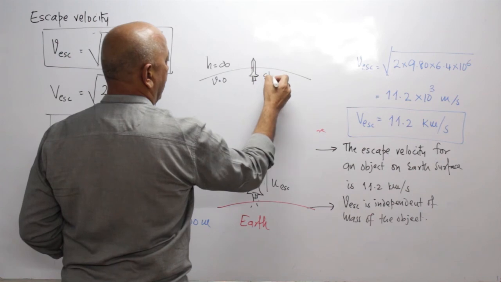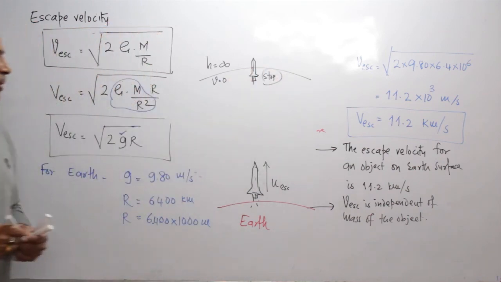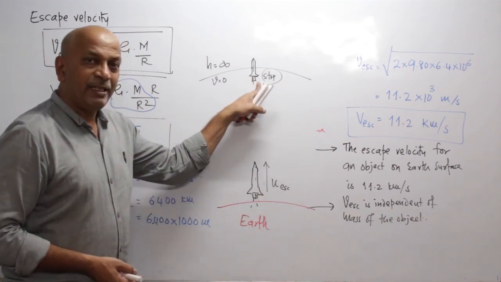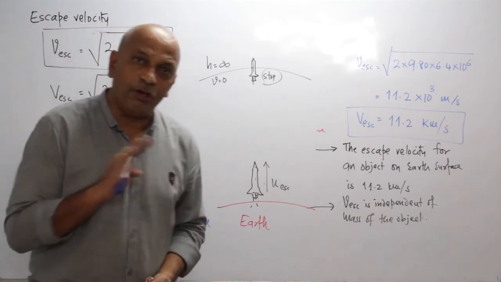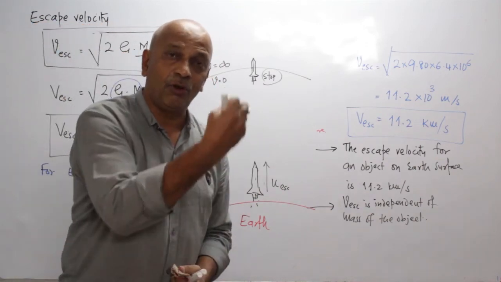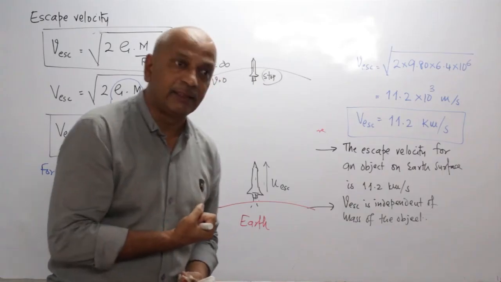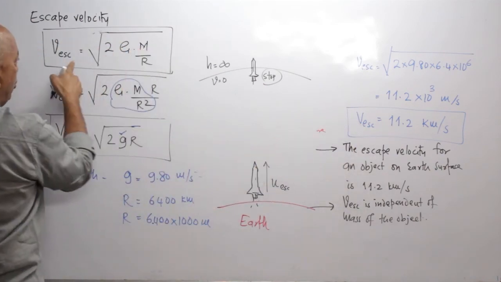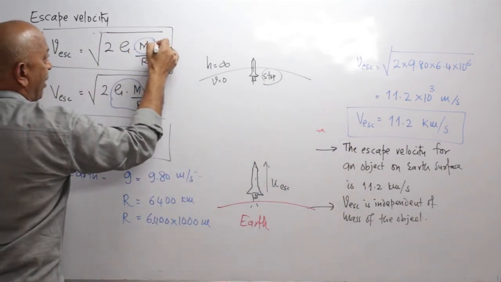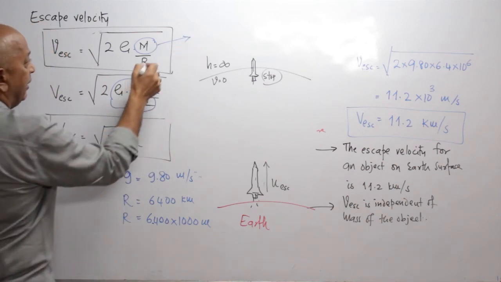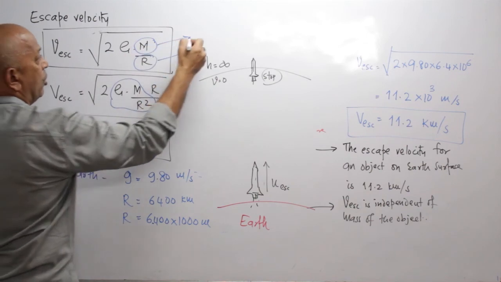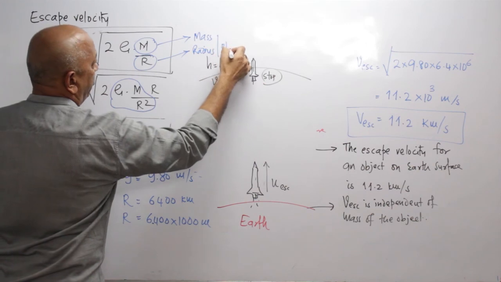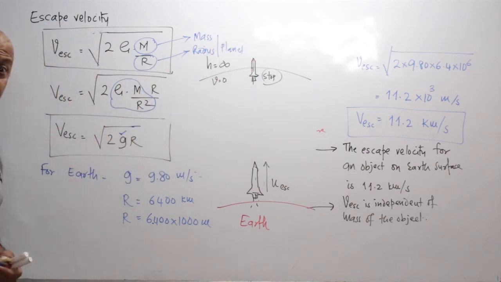It will stop here. In infinity, it is a distance where the gravitational pull is not sufficient to bring the object back to the earth. So what does V escape depend upon? If you use this formula, it depends upon the mass of the planet and the radius of the planet. G is a constant. So it depends on mass and radius. That means properties of the planet, not on the mass of the object.